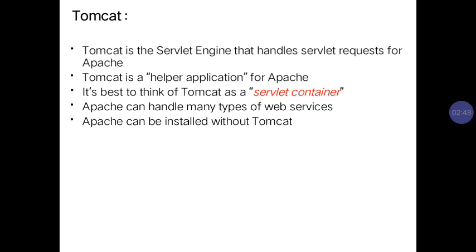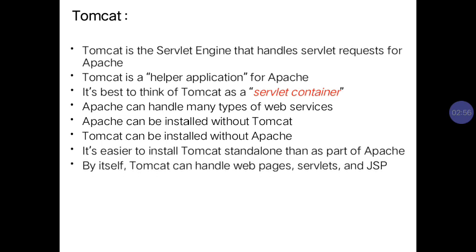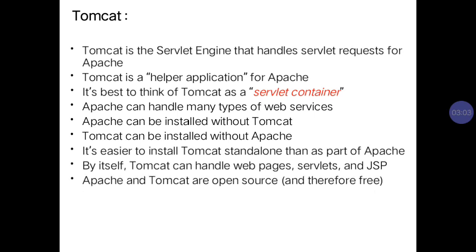So it can handle many types of web services. It is easier to install Tomcat standalone than as a part of Apache. Tomcat can handle web pages, servlets and JSP. Both Apache and Tomcat are open source.